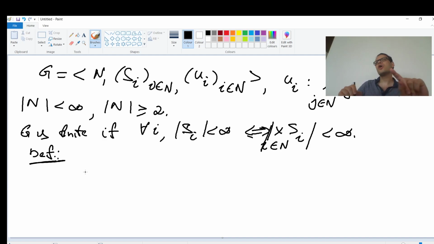Now, what is known? That's something which can be formally defined, and there are several models of knowledge. Here we are going to take an intuitive notion of knowledge, but of course it can and should be formalized.